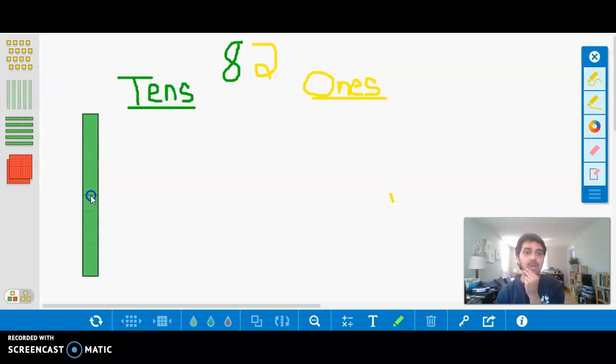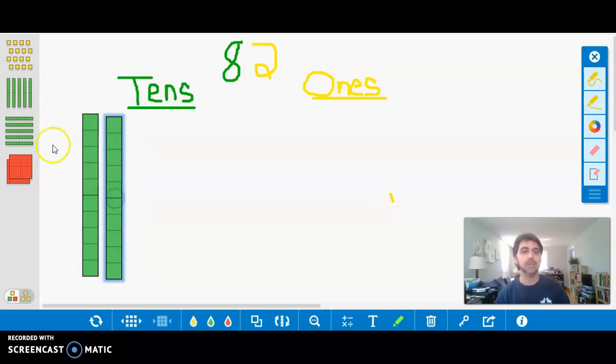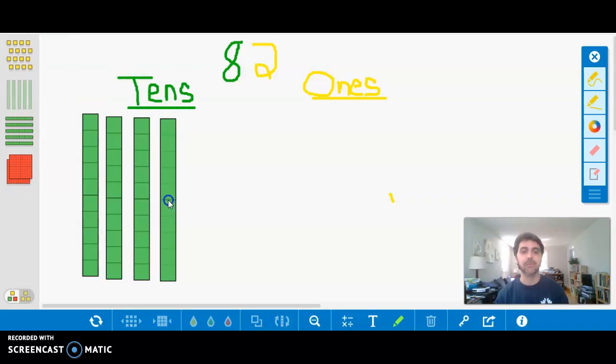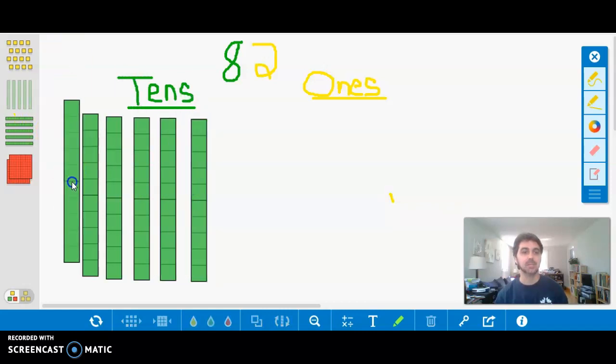Let's try 1 bag. That's 10. Let's try 2 bags. That's 20. Let's try 3 bags of 10. That's 30. Let's try 4 10s. That's 40. 5 10s. That's 50. 6 10s.